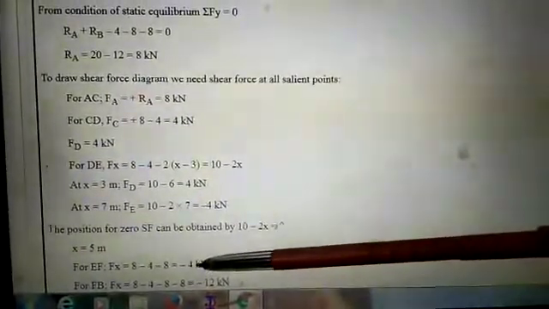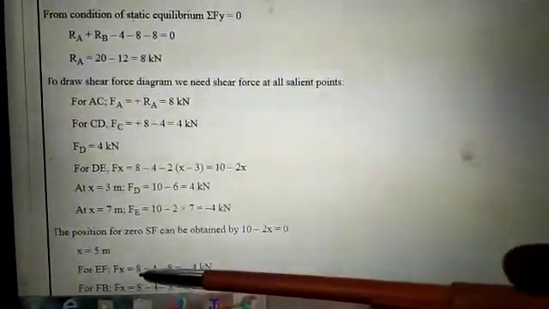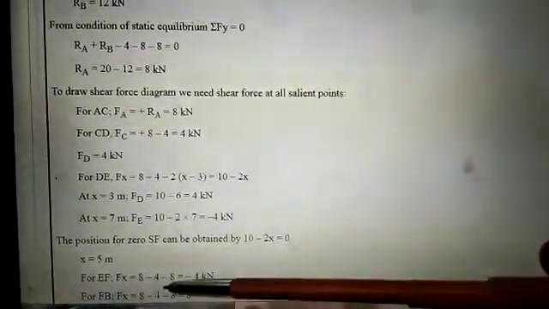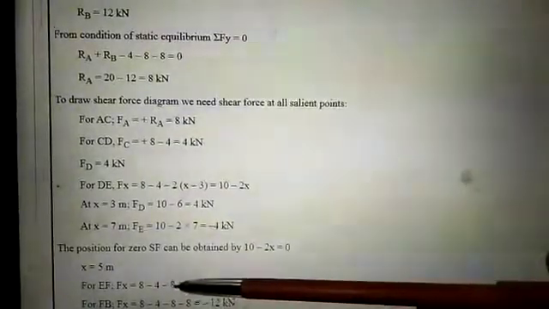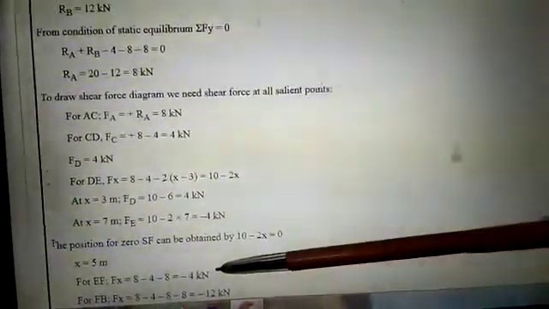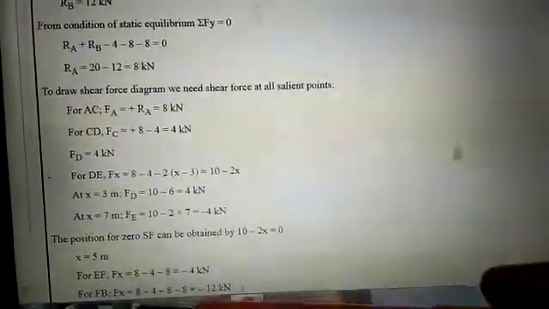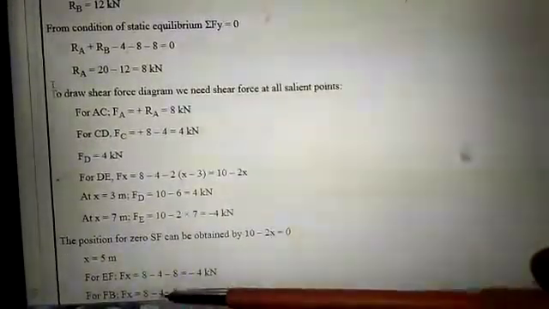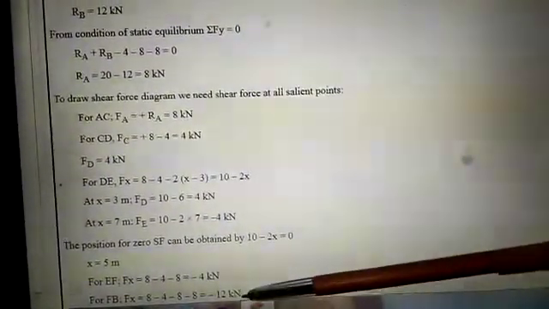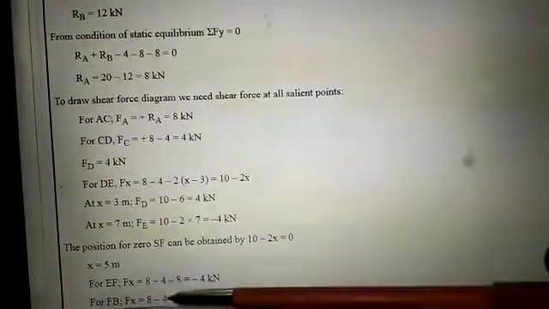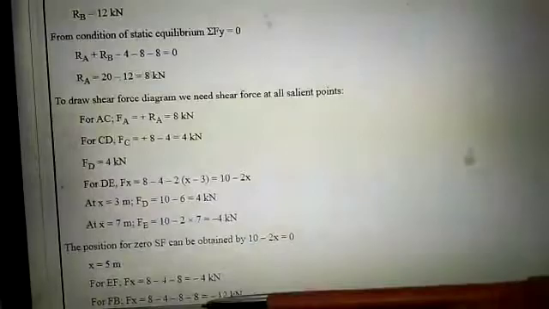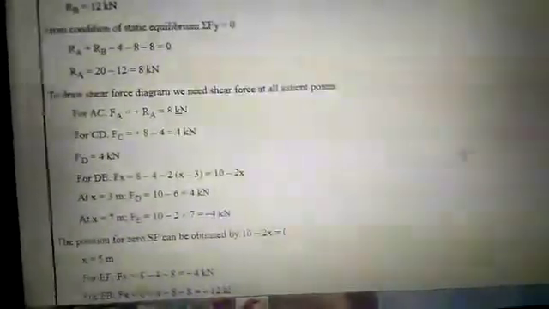Now for the EF length, the shear force Fx will be 8, that is the value of RA, minus 4 vertical loading minus W into X, the uniformly distributed load, and it comes out to be minus 4 kilonewton. For FB, the value is minus 12 kilonewton. How does it come? RA minus the vertical load 4, minus W into X, the uniformly distributed load, which is 8, minus the point load.